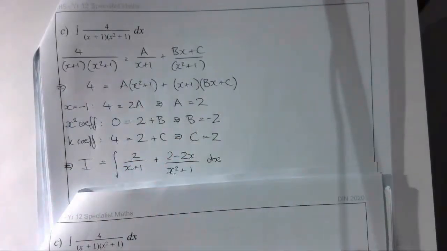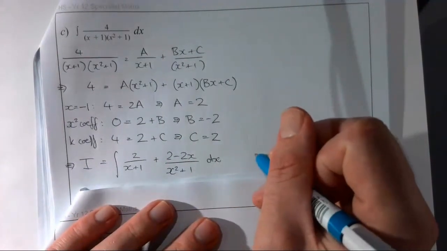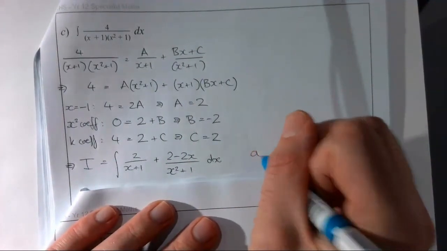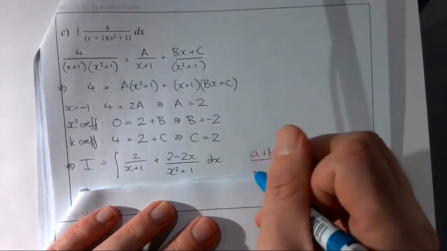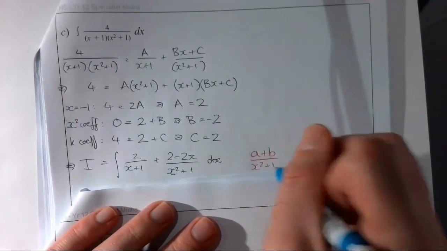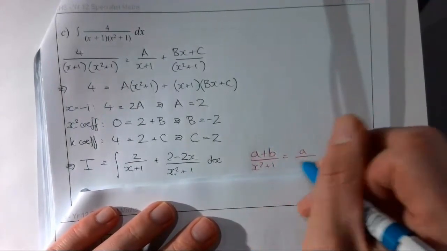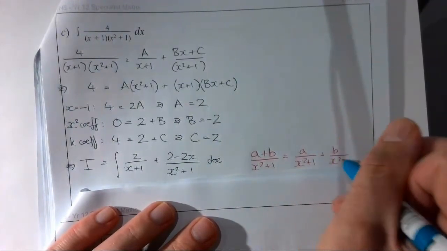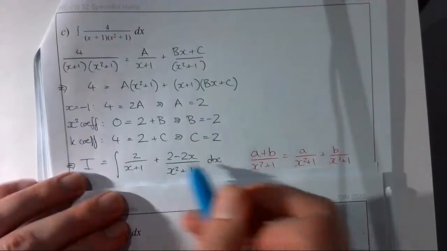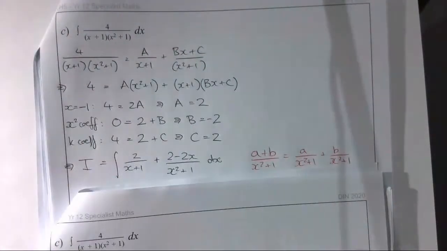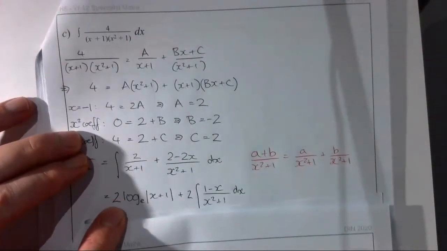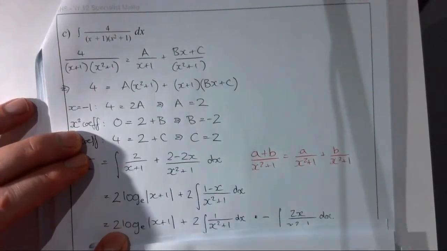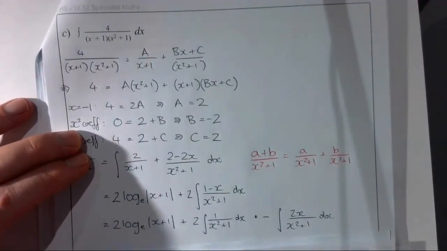And what we're going to use is the fact that if I've got a plus b over x squared plus 1, well, that's the same as a over x squared plus 1 plus b over x squared plus 1. So I can just divide this into 2 fractions, which is what has happened here.